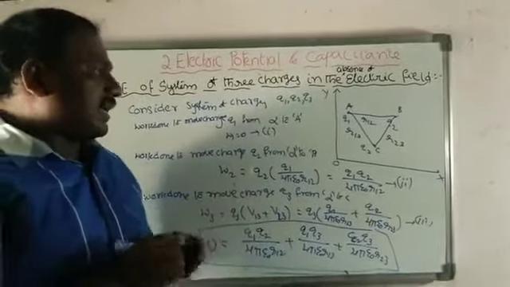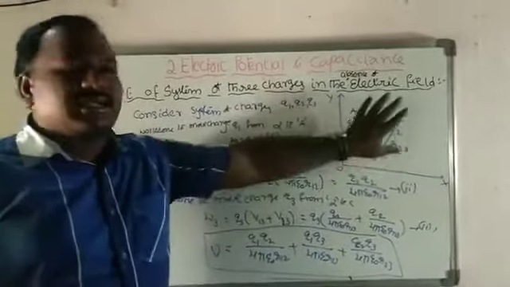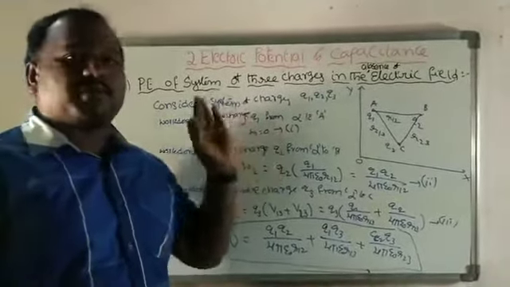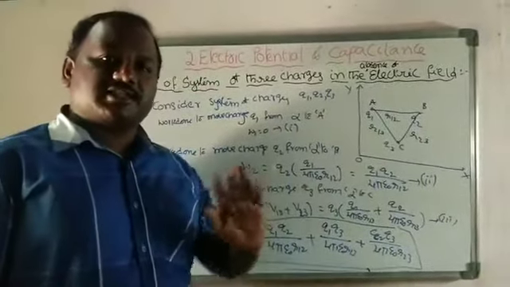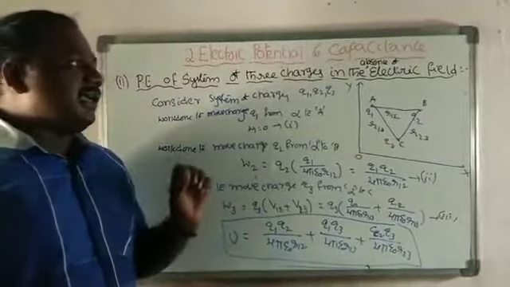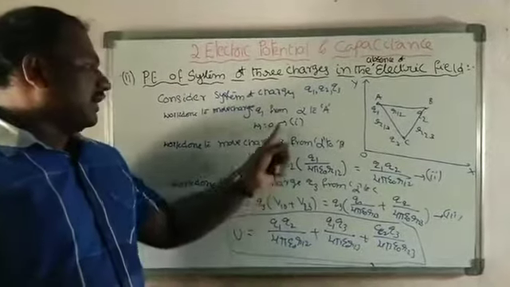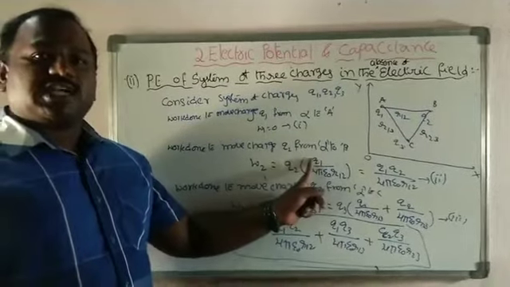See here, once again I repeat this. Here I consider 3 charges in an electric field free region. First I place the charge Q1 from infinity to the point A, then the required work done is 0. Then I bring charge Q2 from infinity to point B, and the work done is Q2 into the potential due to charge 1.